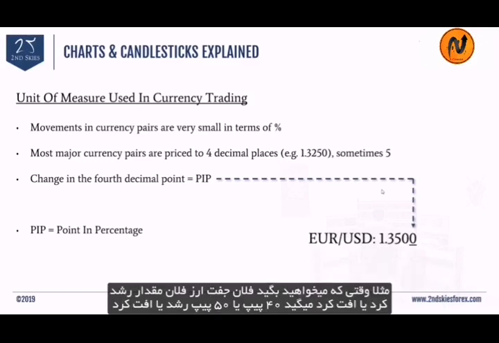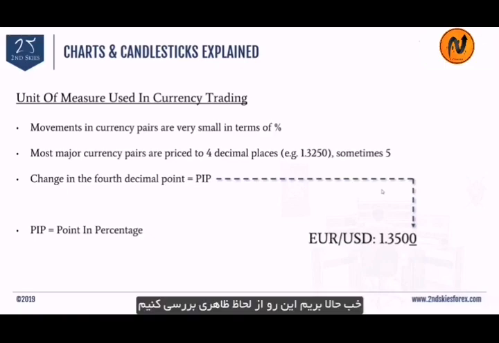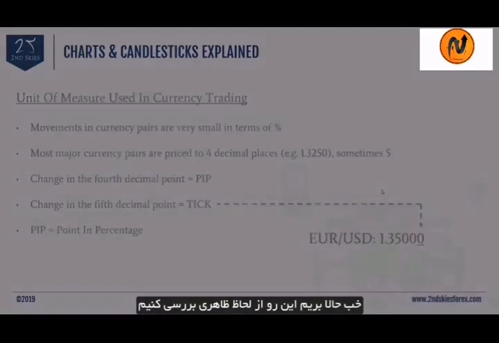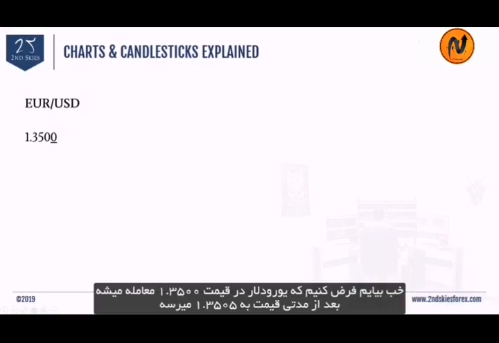So when you talk about a bullish move, for example, in a currency, you say the pair moved up 40 pips or the pair moved down 50 pips. Let's have a look at a visual example of this. Let's say, for example, the euro-US dollar is trading at 1.3500 and it moves up to 1.3505.